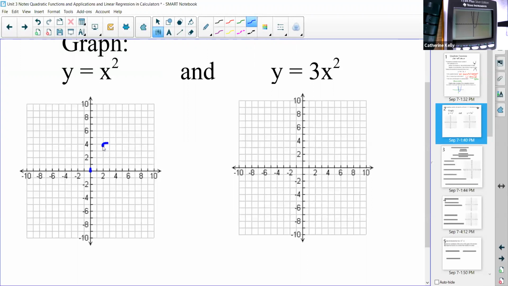If we said that x is negative 2, y would also be 4, because negative 2 times negative 2 is 4, and it would go up like this.